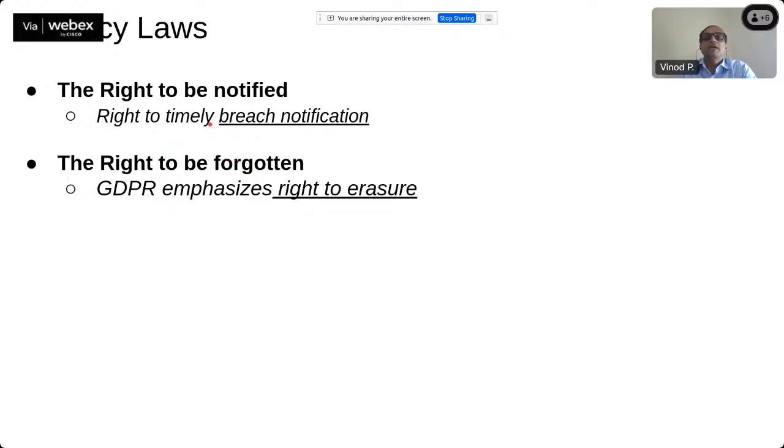But before that, if the data has been modified or captured by an attacker or adversary, then the user should be informed in a timely manner about the breach of the data. And then the right to be forgotten is basically the emphasis of the European General Data Protection Regulation, which emphasizes that every user can demand data erasure or data deletion.